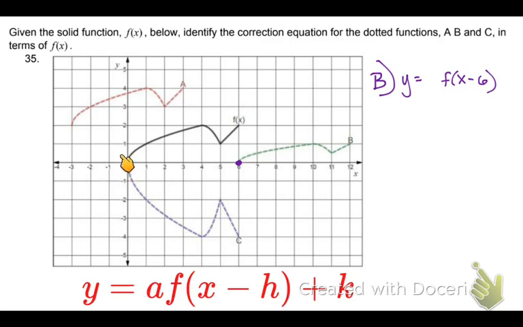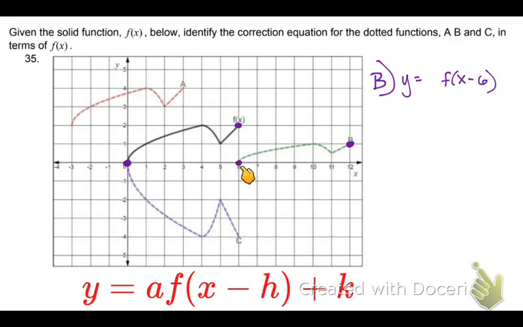So to find a, it kind of helps if you just do some counting. So choose 2 points. I've chosen 1 point here. I'm going to choose another point on the graph. I'm going to choose this point right here, and I'm going to label its corresponding point on that new graph. So notice that to get from this purple point to this purple point on the original function, I'm counting over 1, 2, 3, 4, 5, 6, and then up 1, 2.